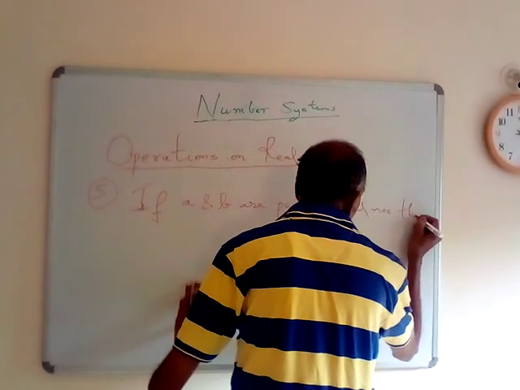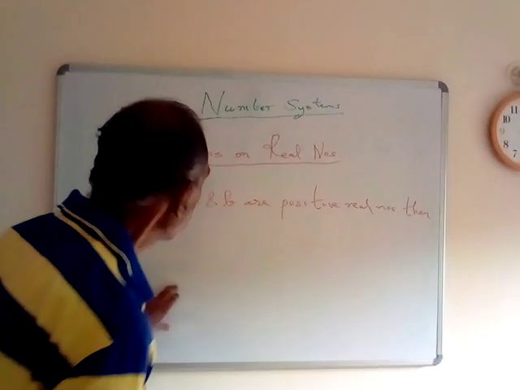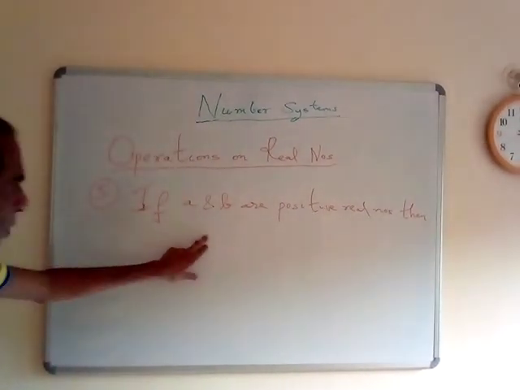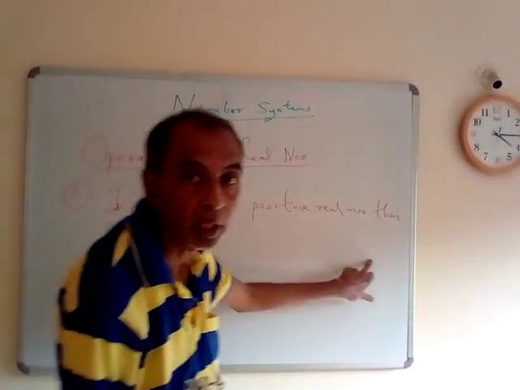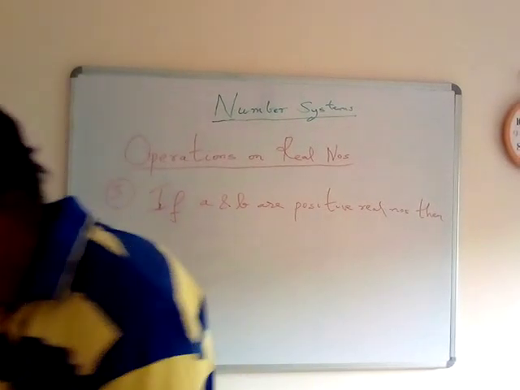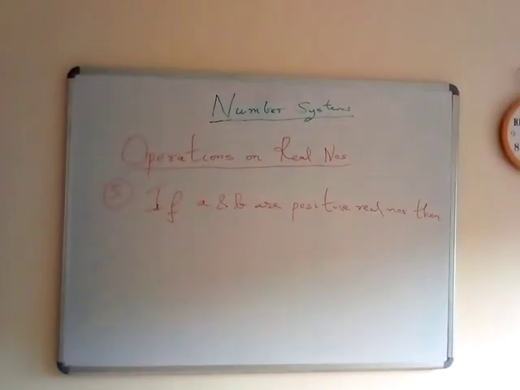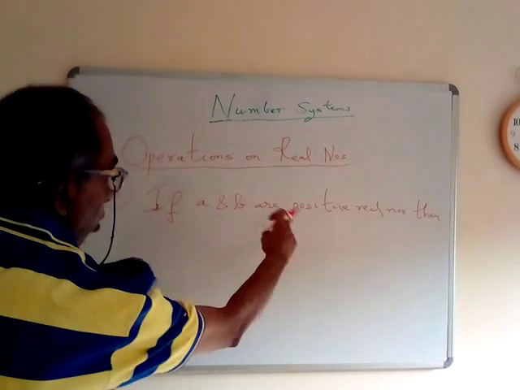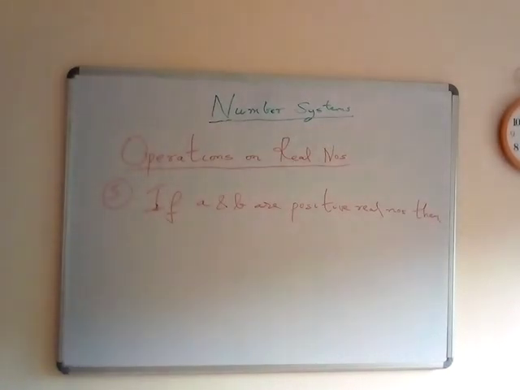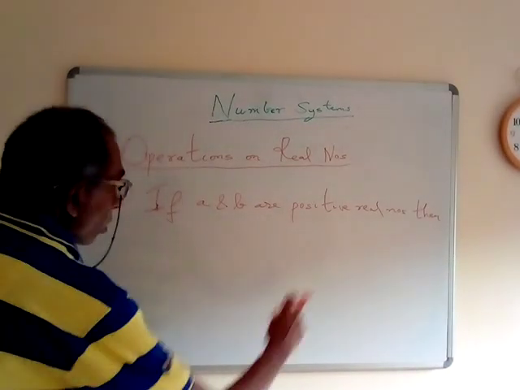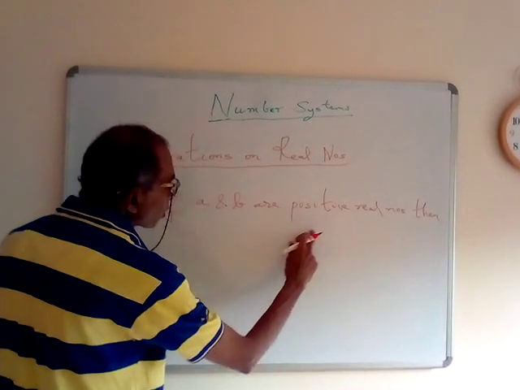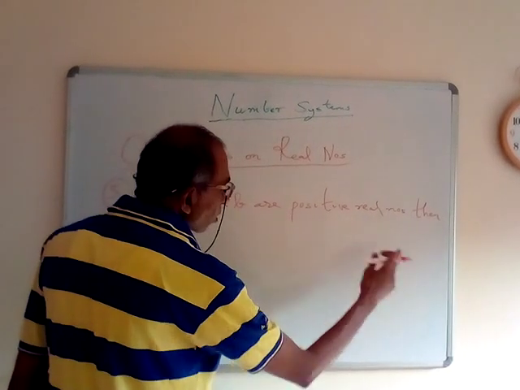So here, what have they given? If A and B are positive real numbers, so we know that A and B are positive and they are real numbers, so they are greater than 0 here also in this case.